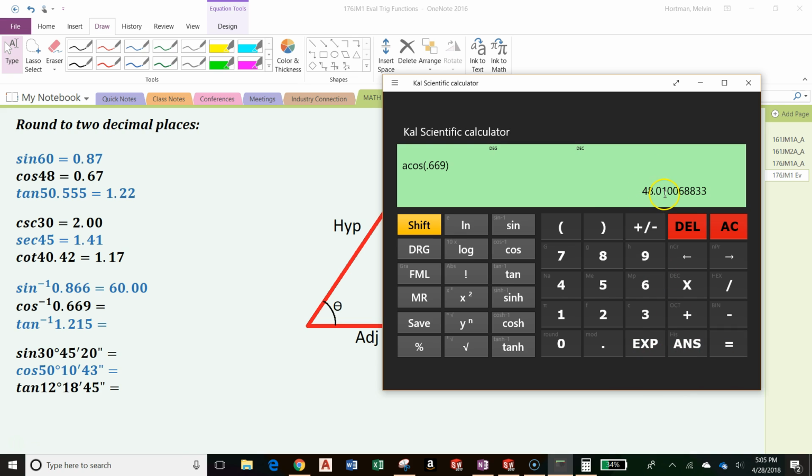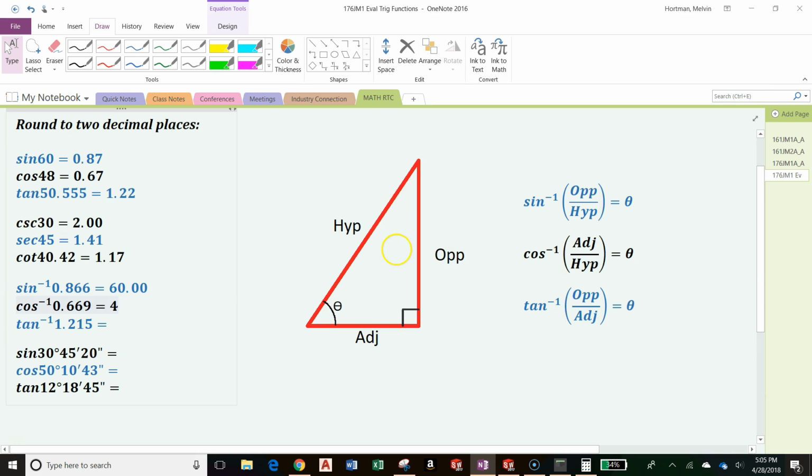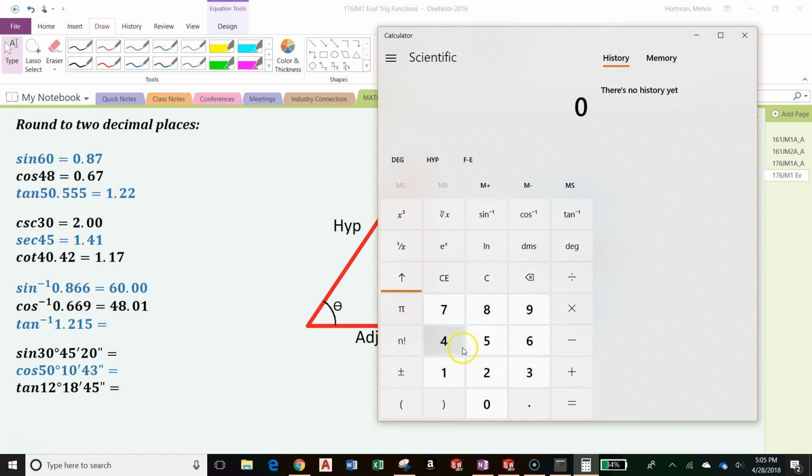I get 48.010. That rounds to 48.01. And let's try it on the other calculator. So I'll type in 0.669 first and press shift and find the inverse cosine. I get 48.010 again. Rounds to 48.01.